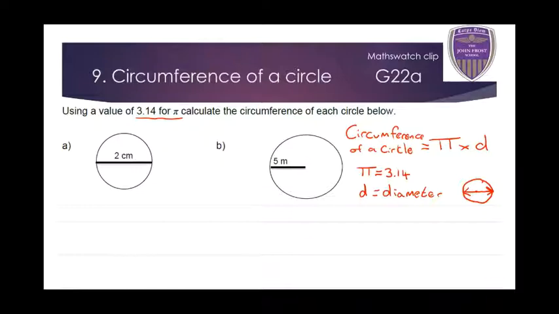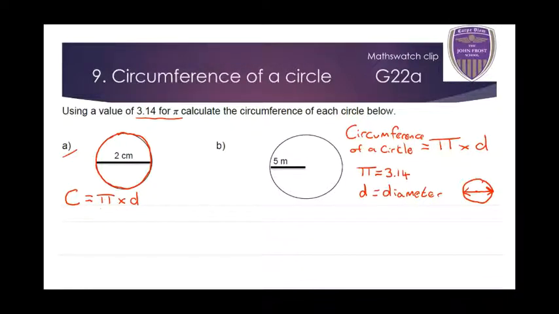So for question A, we need to find the circumference of each of these circles. And just to remind you, the circumference is the distance around a circle. So we know that the circumference, I'm just going to call it C for circumference, is equal to pi times d.